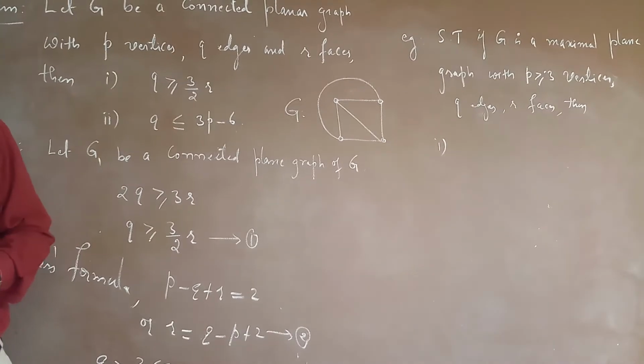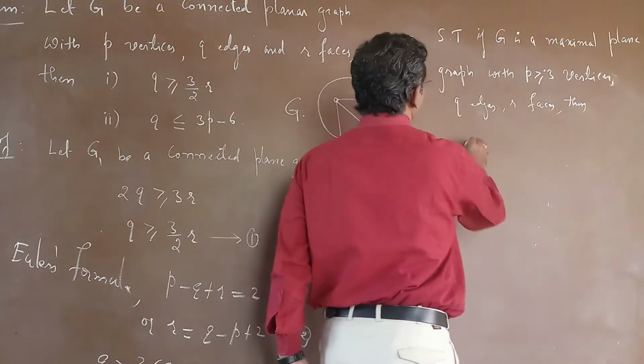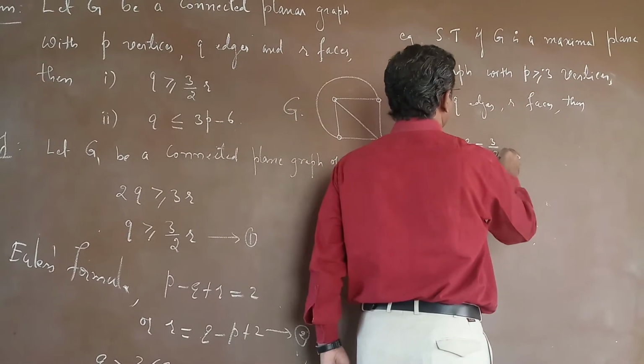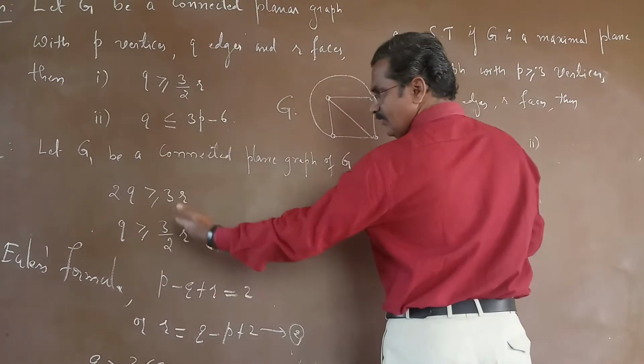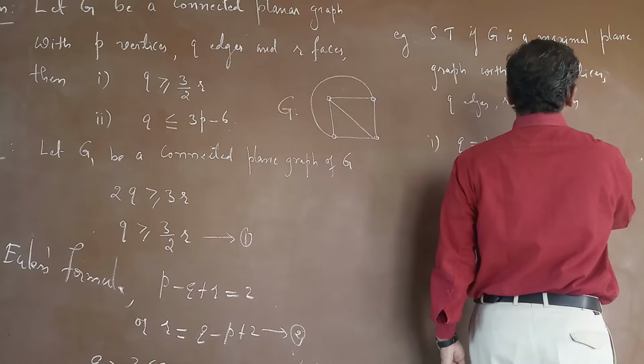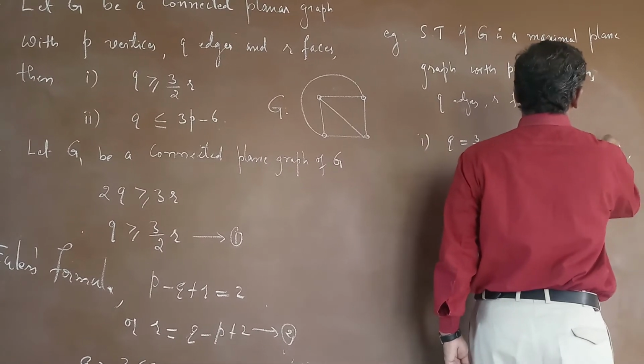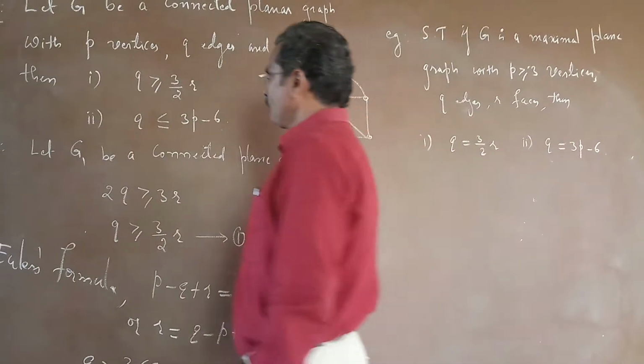One is Q equal to 3 by 2 R, and the second one is Q equal to 3P minus 6.